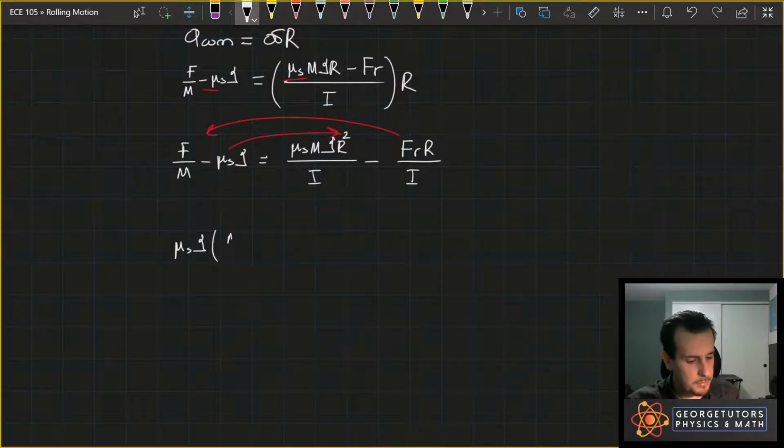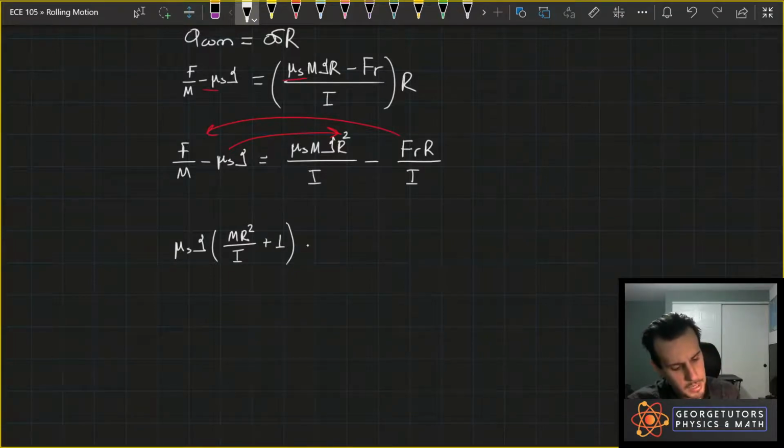We're going to have m r squared over the moment of inertia, and then plus just 1. And on the other side, we can factor F and end up with 1 over capital M plus r times capital R divided by I, just like that.